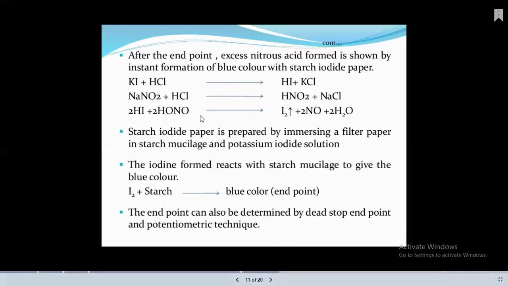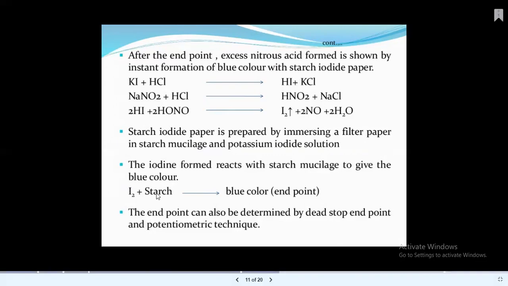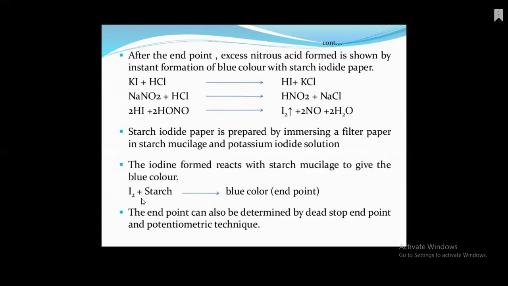It is a type of external redox indicator; instead of a redox indicator, we use starch, because we know that whenever iodine is there, starch shows a very good reaction. Starch shows a blue coloration that shows the end point with iodine. How is this reaction taking place?